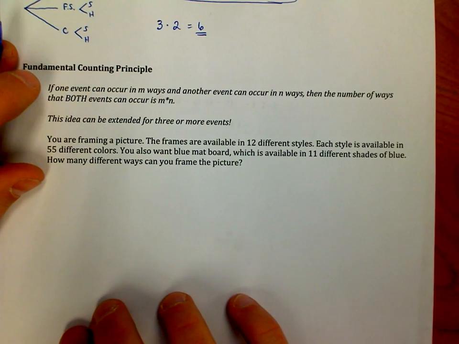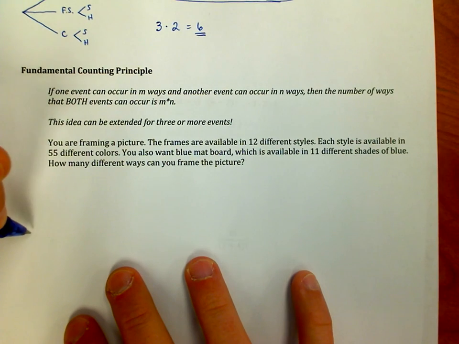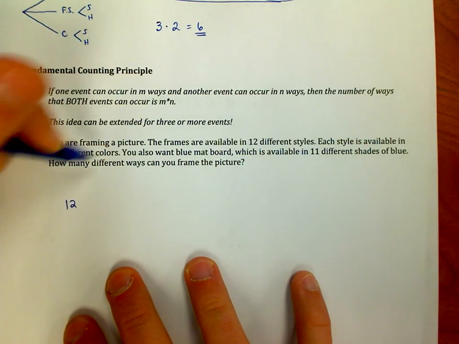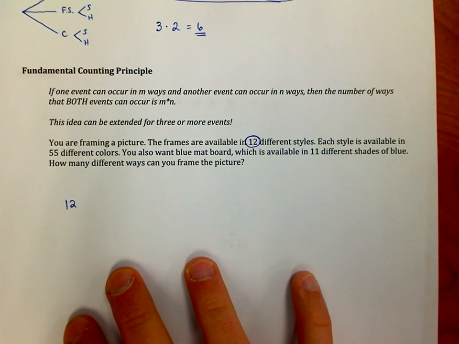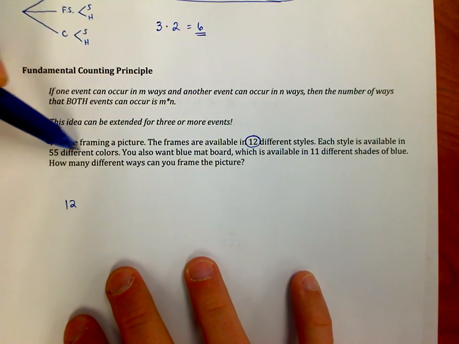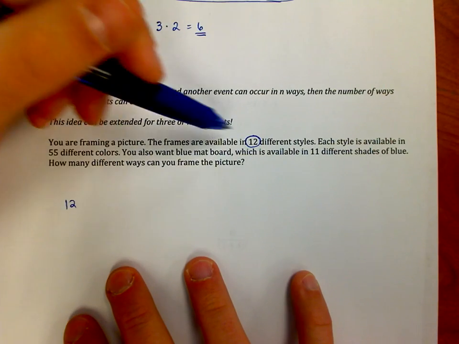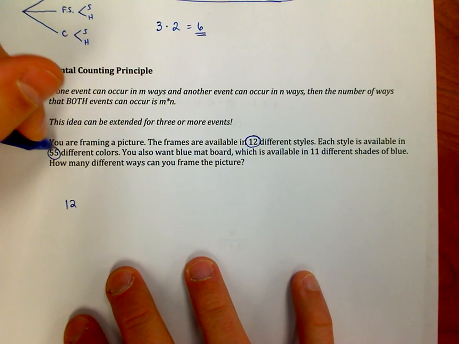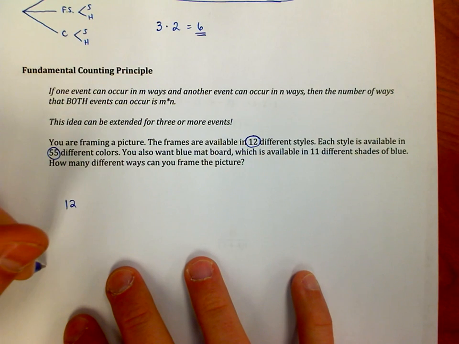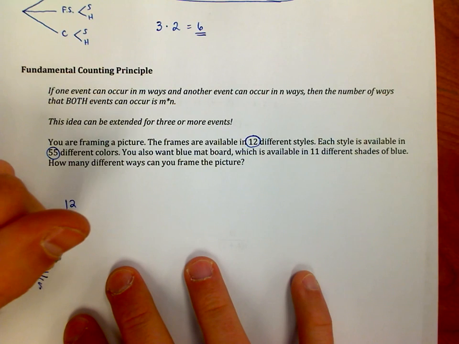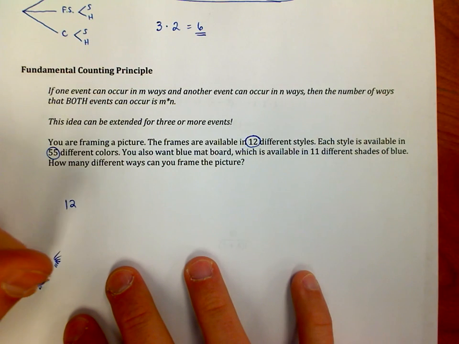So down here, if I'm framing a picture, the first thing I can decide is what kind of frame I want, the style. I have 12 different styles to choose between. Each style is available in 55 different colors, so I could go style 1, color 1, style 1, color 2, style 1, color 3, and so on, but I'm going to have 55 choices for each one. Our tree, if we drew it out, would have 12 different branches here, and each one of those would have 55 individual branches coming off of it.